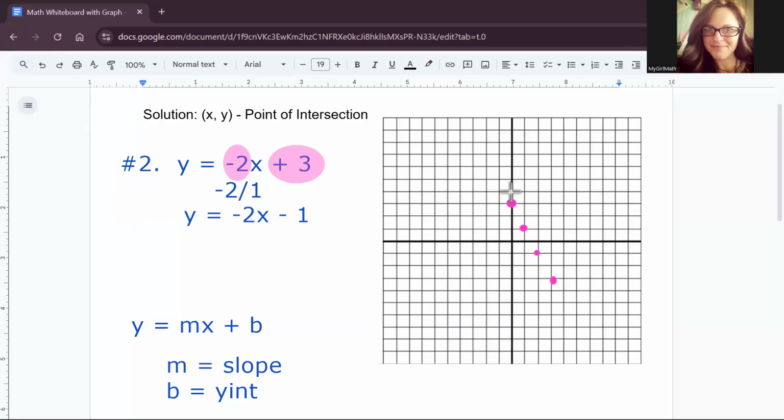Up 2 and left 1. And here is our first line. Let's take a look at the second line. Starting with our y-intercept, -1.